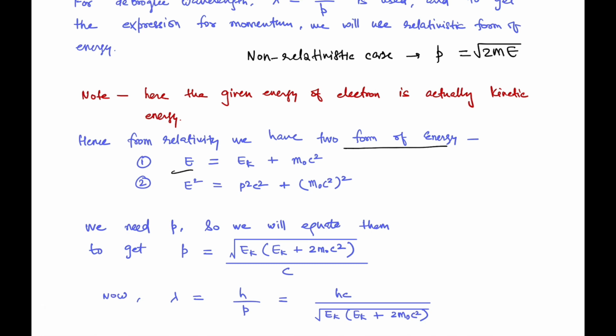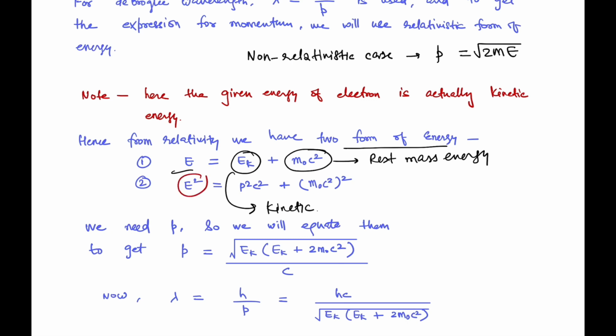One is energy is equal to kinetic energy plus rest mass energy. And another is energy squared is equal to p squared c squared plus rest mass energy whole squared.